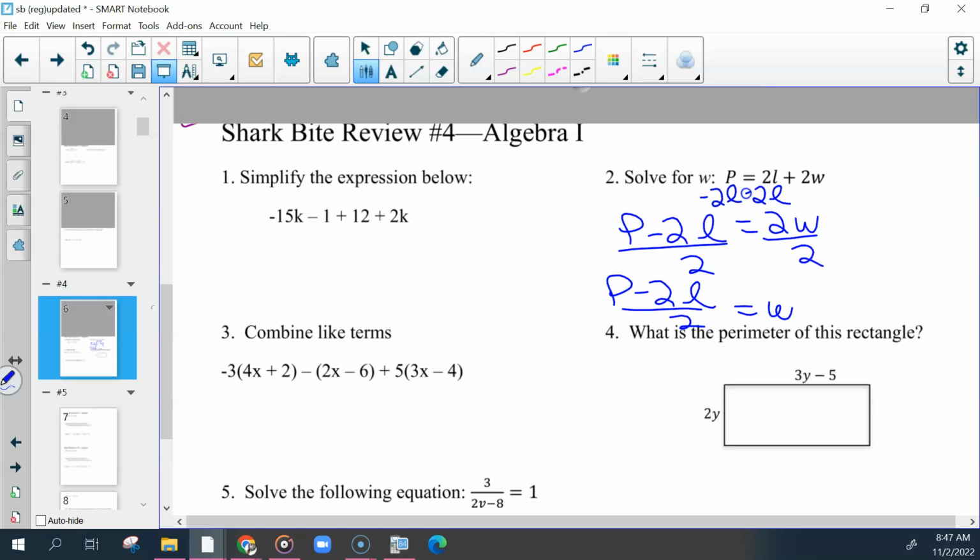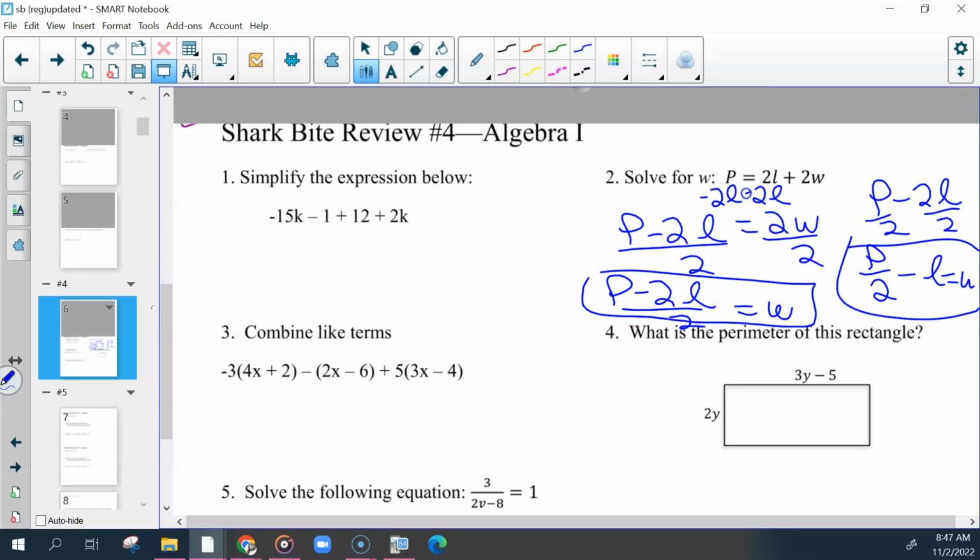You can leave it like that, P minus 2L all over 2 equals W. Or if you wanted to simplify it, you'd have to divide it separately. So P over 2 minus L equals W. Either of those was fine. Questions on that one?